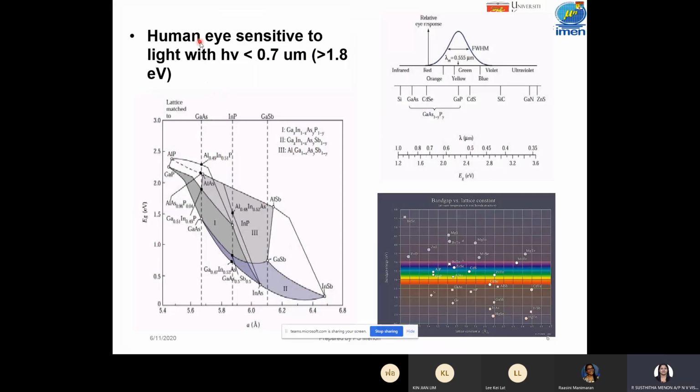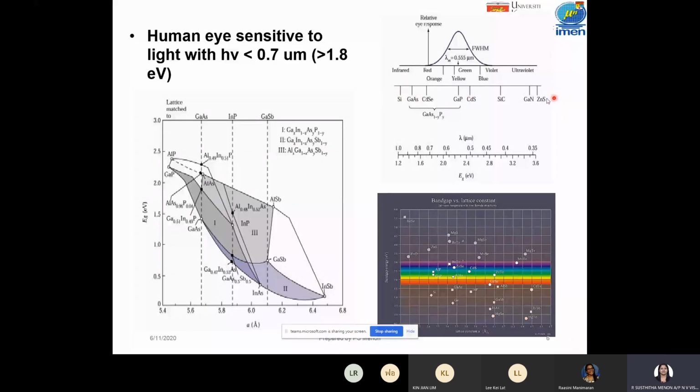Okay, the human eye is sensitive to light with photon energy, hv stands for energy, of less than 0.7 micrometer, or equivalently larger than 1.8 electron volts. If you look at this diagram, this is the relative eye response, and we can see red, orange, yellow, green, blue, and all these colors, but with our bare eyes we can't see infrared and also ultraviolet.